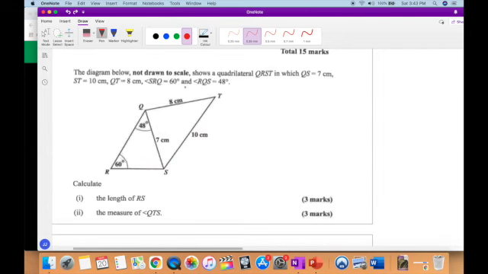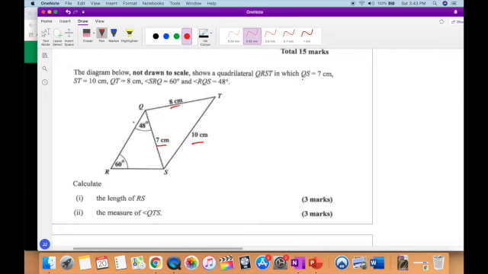The diagram below, not drawn to scale, they are never drawn to scale, so don't ever measure anything, shows a quadrilateral in which QS is 7 centimeters. So QS is 7, I'm seeing that. ST is 10, seeing that. QT, the name of my kitty is Cutie Mao, and QT is 8 centimeters.